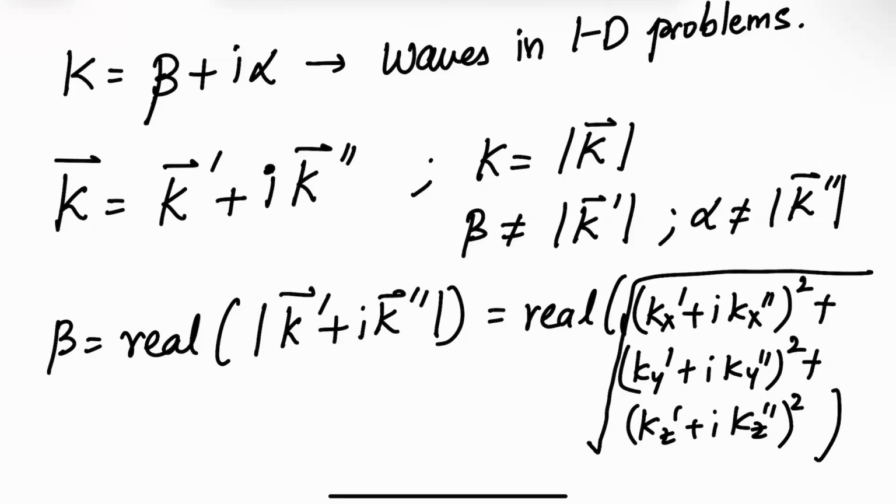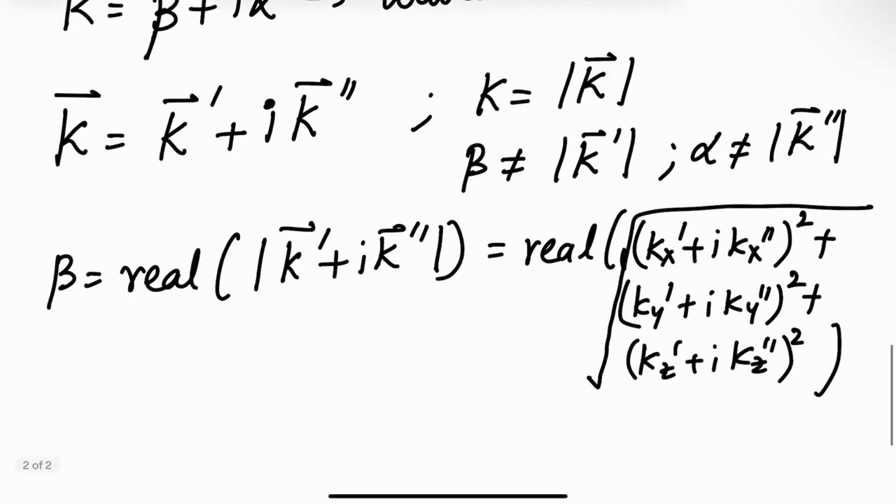It's the real part of this whole thing, because this magnitude is the magnitude with respect to the vector, not the complex magnitude. So that's the length of that vector. This is not really relevant because we won't deal with beta and alpha, but I wanted you to be aware that it's not the same thing.